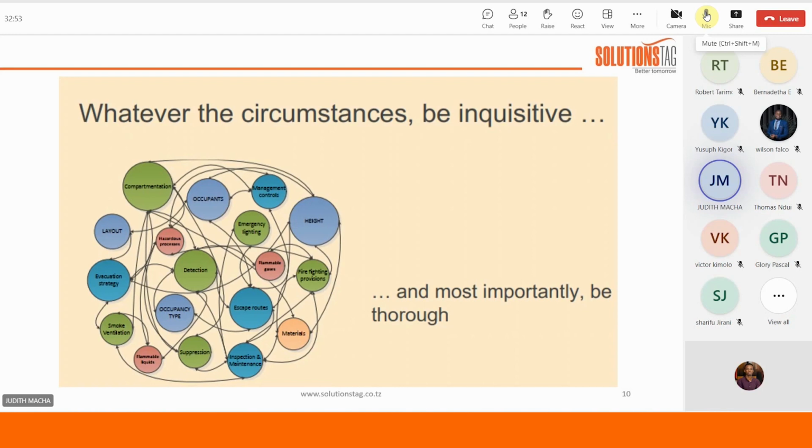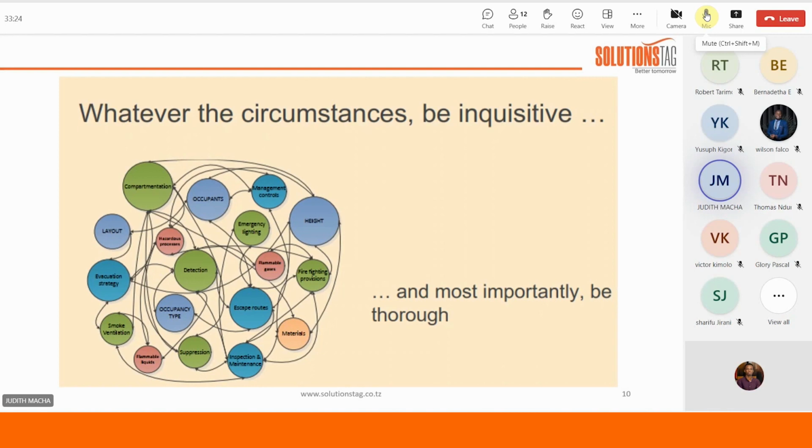But yes, after they are notified, can they get out without an escape route? Then you realize that you need to have the escape route, so that people after being notified can get out. Yes, probably we have that escape route, but is that escape route maintained? How about the material of construction of that escape route? Probably the escape route itself is constructed with material which is a fuel itself.